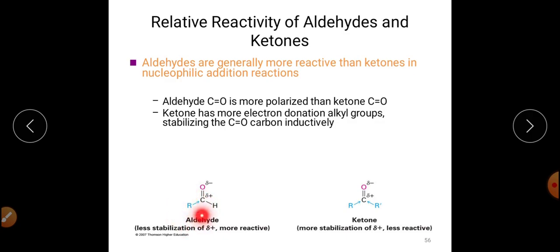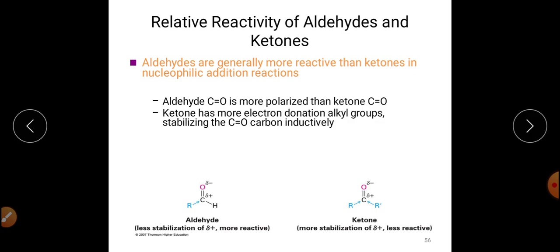In case of aldehydes, we have only one R group and the second group is hydrogen. But in case of ketone, we have two such R groups. These two R groups will donate more electrons to the electron deficient carbon.